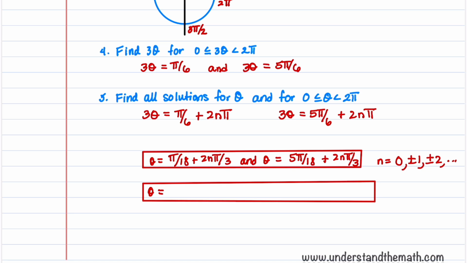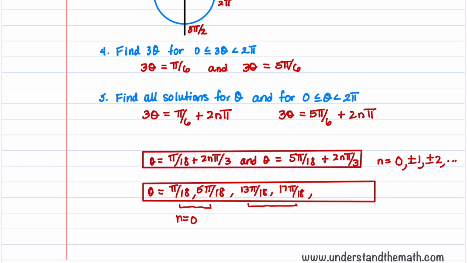For n is equal to 0, we get pi over 18, and we get 5 pi over 18. We'll mark these as n is equal to 0. When n is 1, we will get 13 pi over 18, and we will get 17 pi over 18.